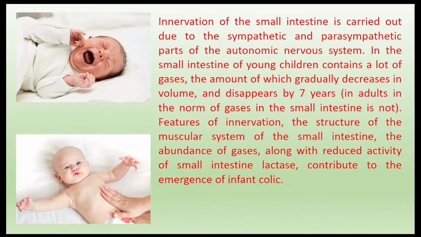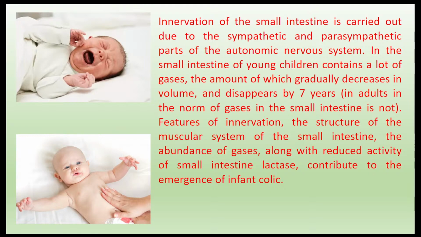Innervation of the small intestine is carried out by the sympathetic and parasympathetic parts of the autonomic nervous system. The small intestines of a few children contain a lot of gas.